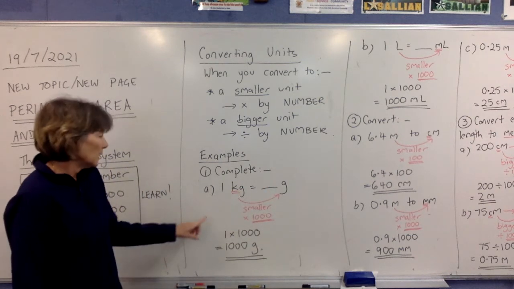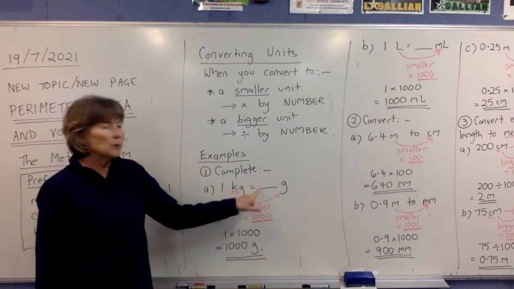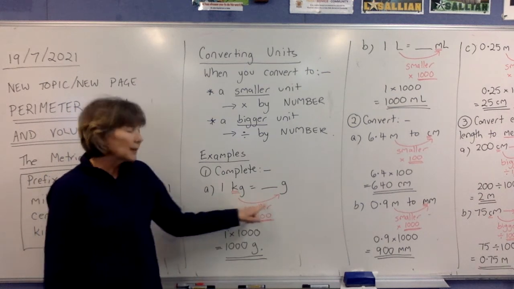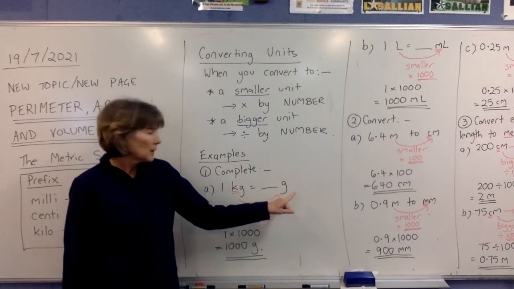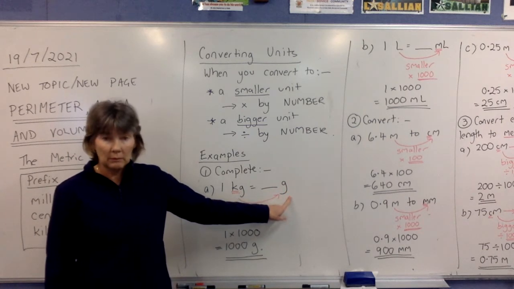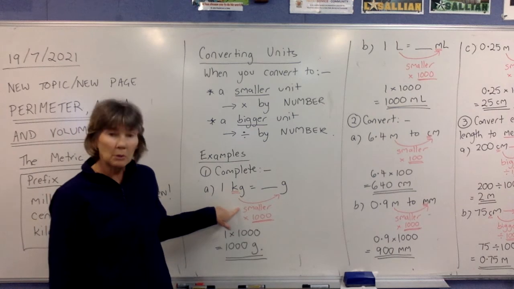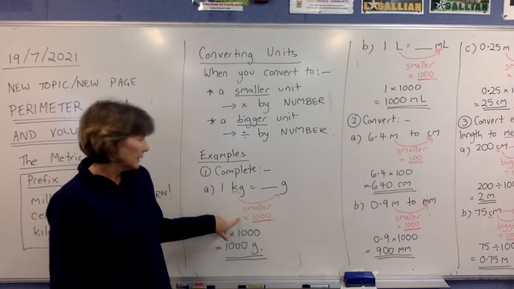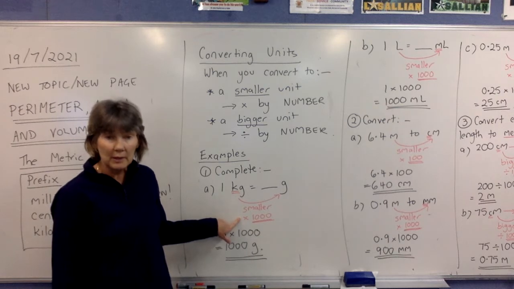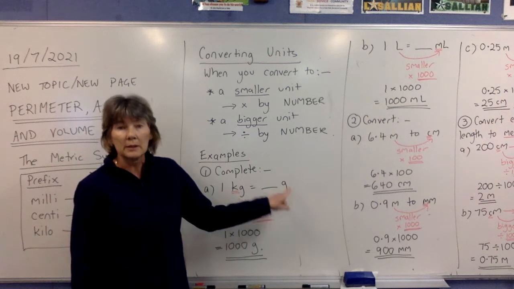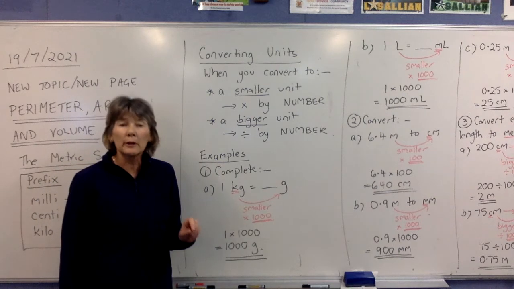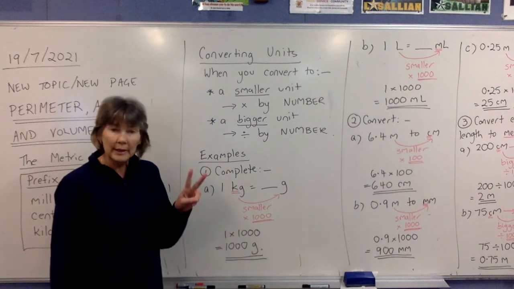That'll be fine. So it says 1 kilogram equals how many grams? So we're actually converting from kilograms to grams. Grams are smaller. So because we're going to a smaller unit, we're going to times by. Now, you have to look for the prefix. Sometimes it'll be here and sometimes it'll be over here. You've just got to look for it. So what you've got to look for is the thing that's got 2 letters.